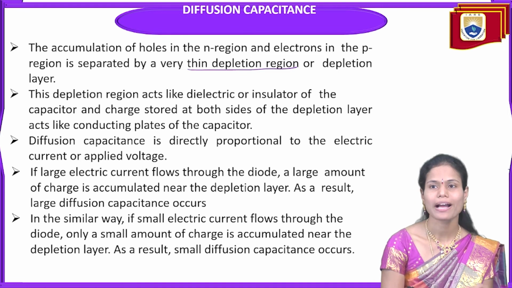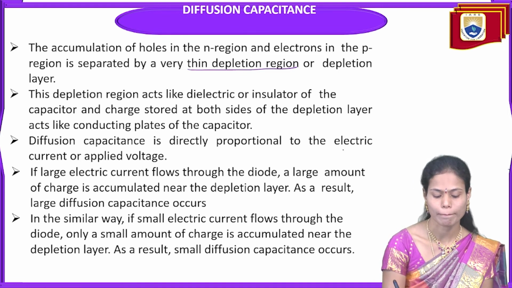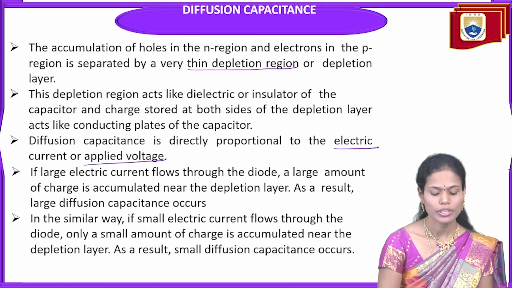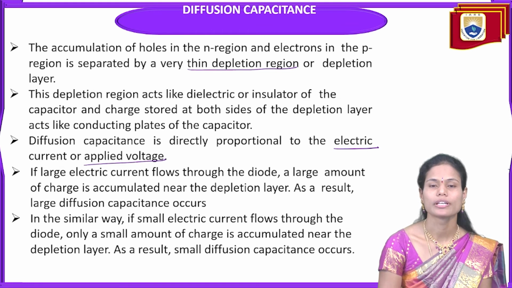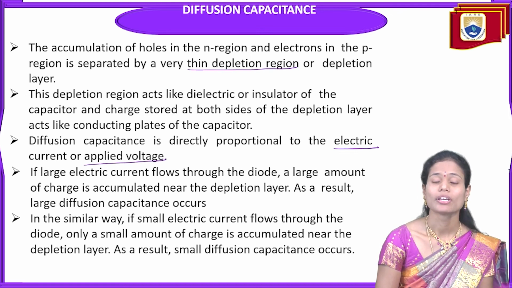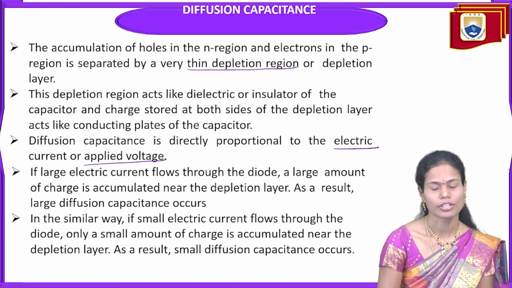The diffusion capacitance is directly proportional to the applied voltage or the electric current flowing in the device. If a large electric current flows through the device, a large amount of charge is accumulated near the depletion region. As a result, the value of diffusion capacitance increases here.